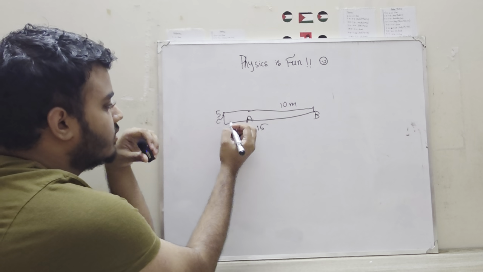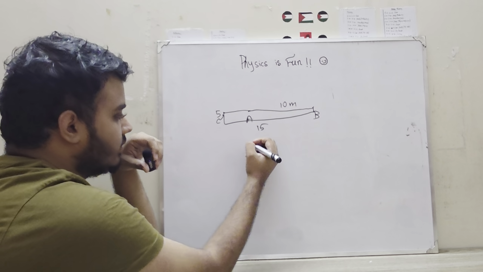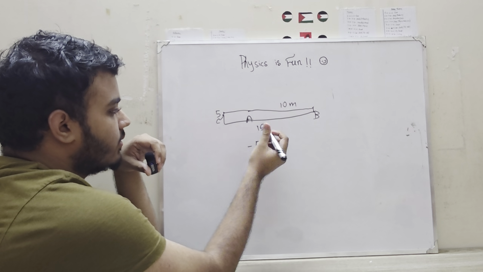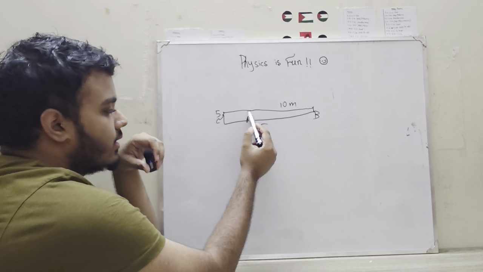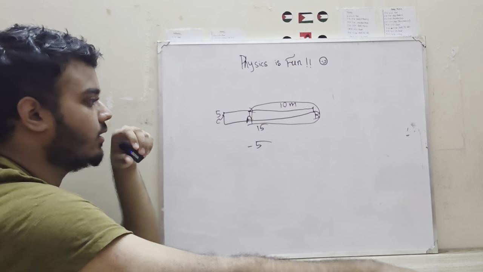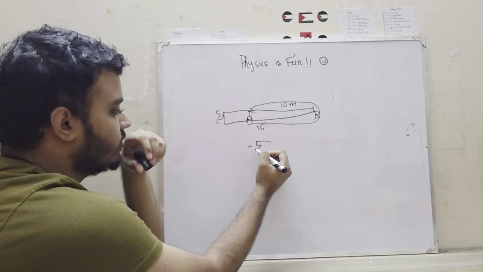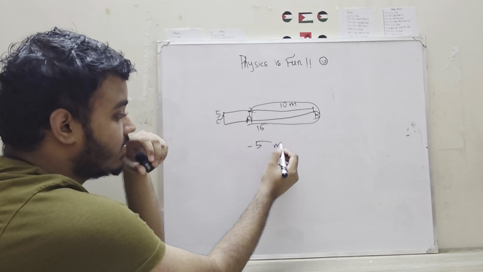The displacement of this body will be -5, because it has gone the full way and returned, and then it goes backward, which means the displacement is -5 meter.